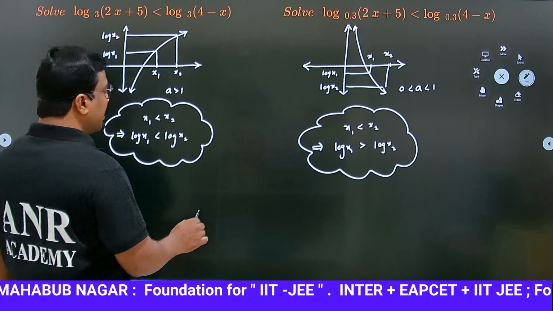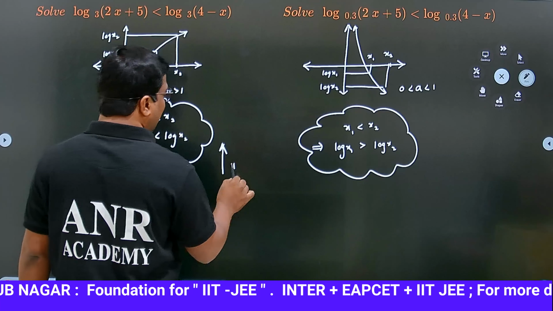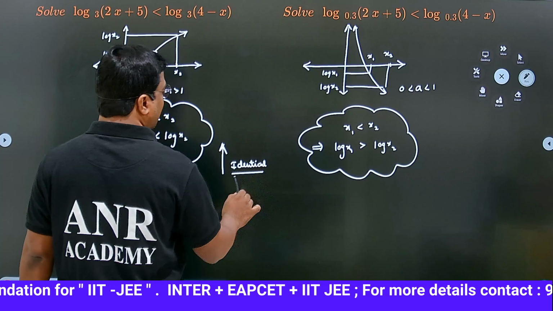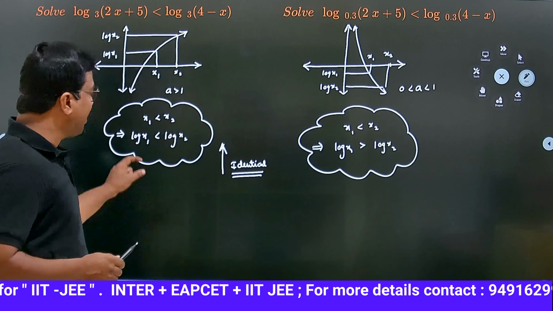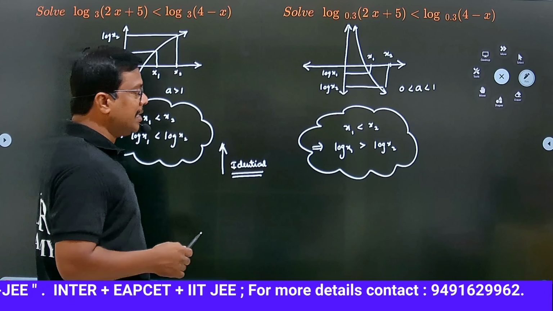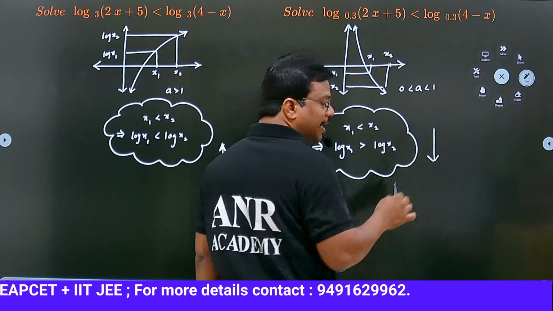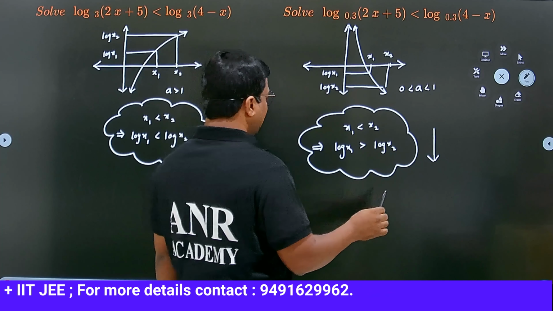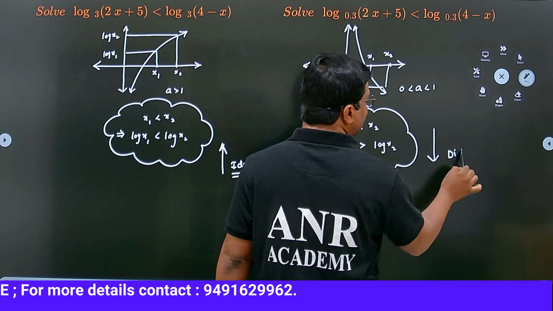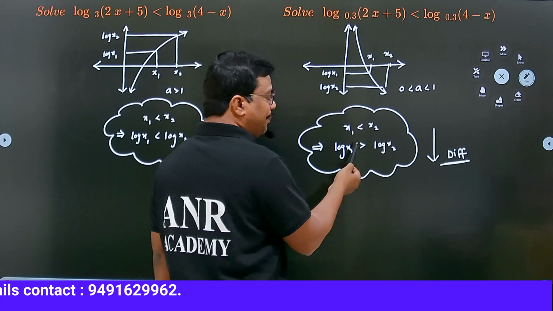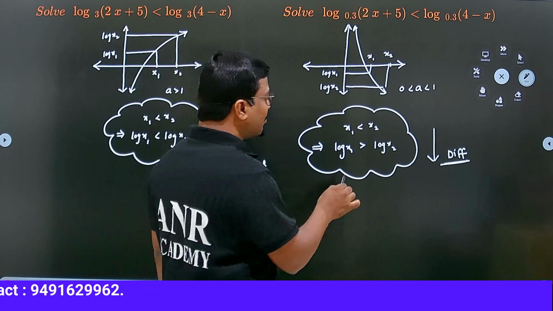For an increasing function, you have an identical symbol, both less than symbols. And when the function is in decreasing manner, you have different symbols. Between x1 and x2 the less than symbol, between log x1 and log x2 the more than symbol.